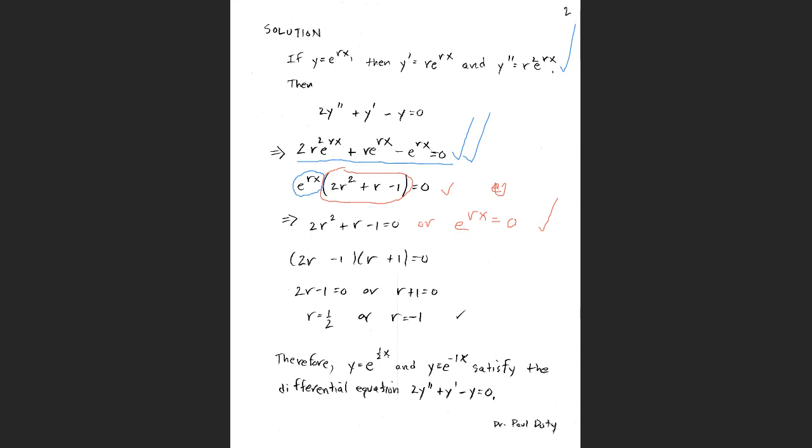Basically, we're using the idea that if a times b equals 0, this implies that either a equals 0 or b equals 0, right?